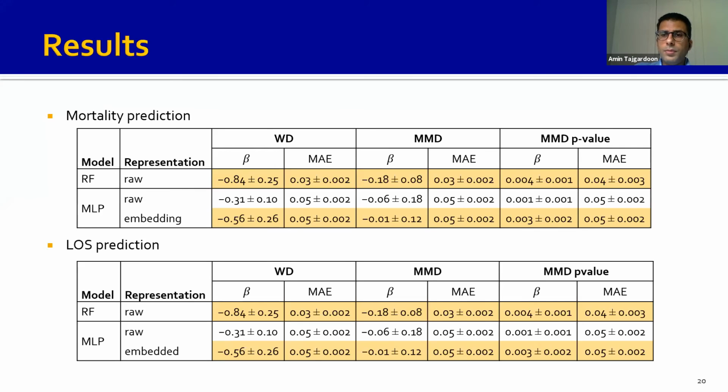The WD, or Wasserstein distance, metric more strongly correlated with the AUC compared to the other metrics, although the mean absolute error values are similar across the three divergence metrics. Regression models here could predict model AUC from divergence metrics with average MAEs of 0.02 to 0.05.